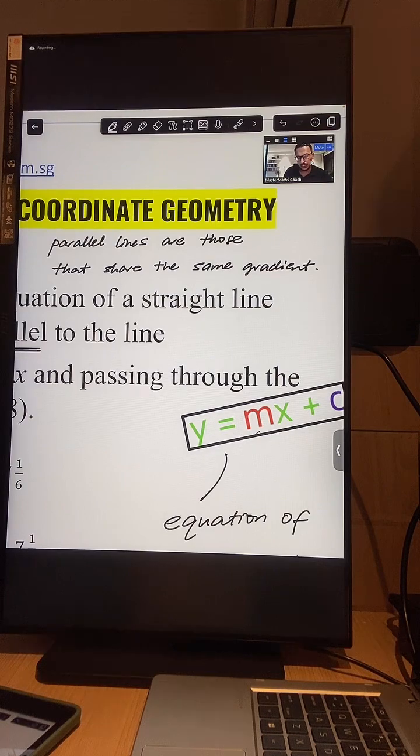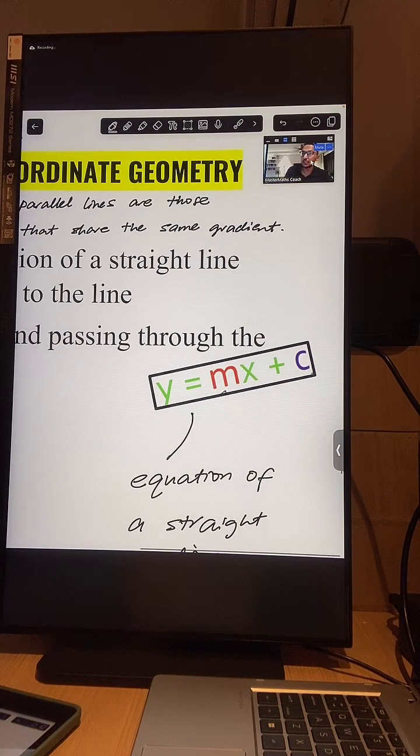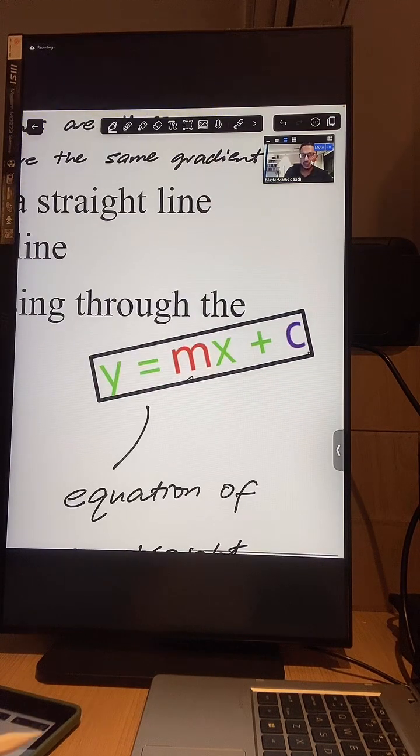So in your straight line graph here, the equation of a straight line, you have y equals to mx plus c. And you know that your m here is referring to gradient.